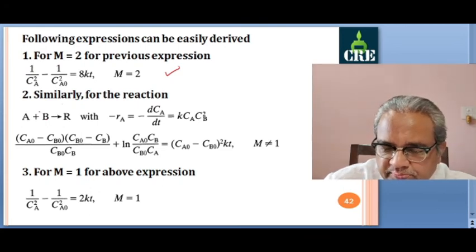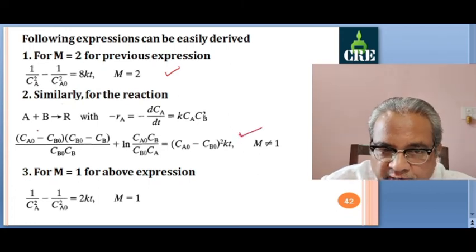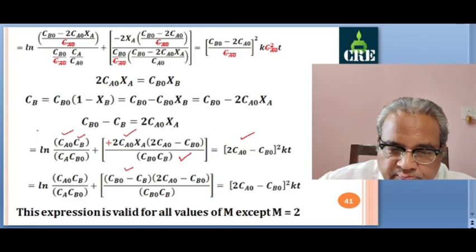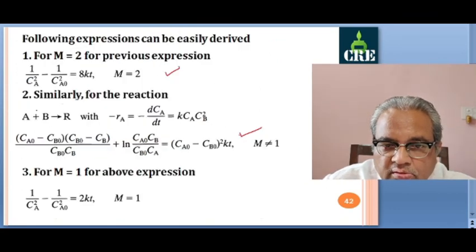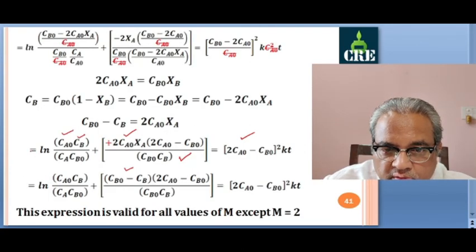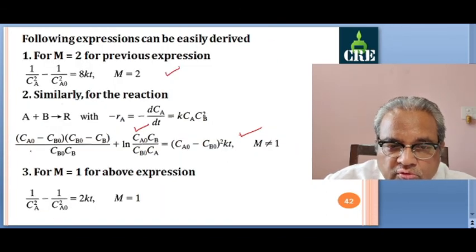So you derive the expression, and this is the final result for all values of m except m equal to 1. If you compare this with stoichiometry A plus 2B giving products, this is the result. Here you can see the first term is the same, written as the second term. Then we have CB0 minus CB, 2CA0, CB0 minus CB here. Instead of 2CA0, now you have CA0.